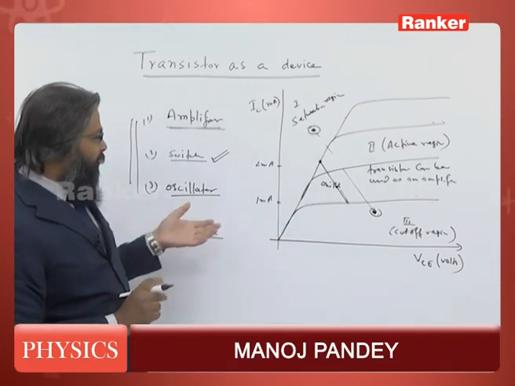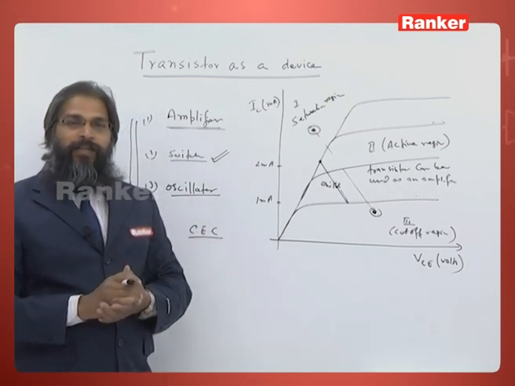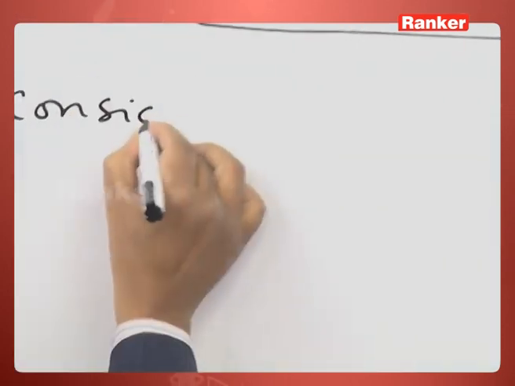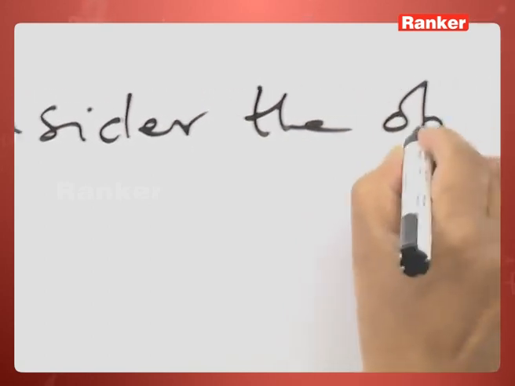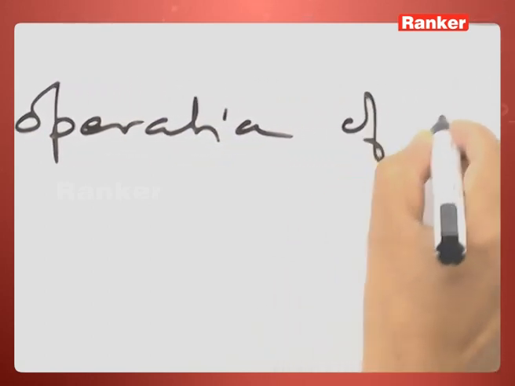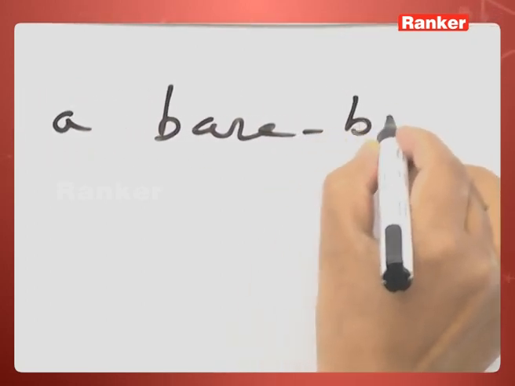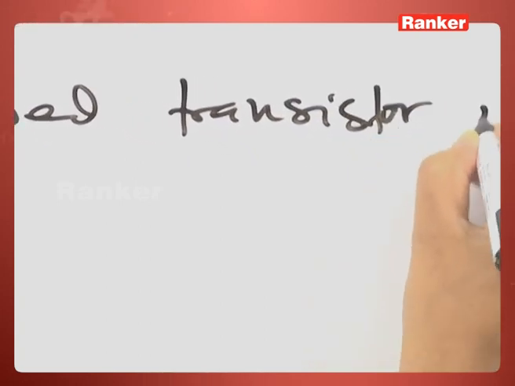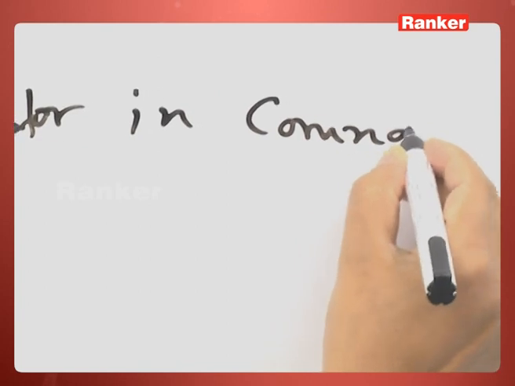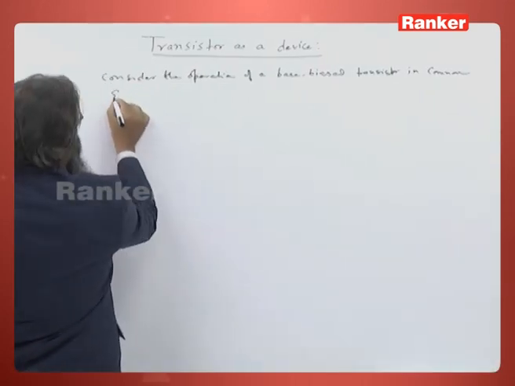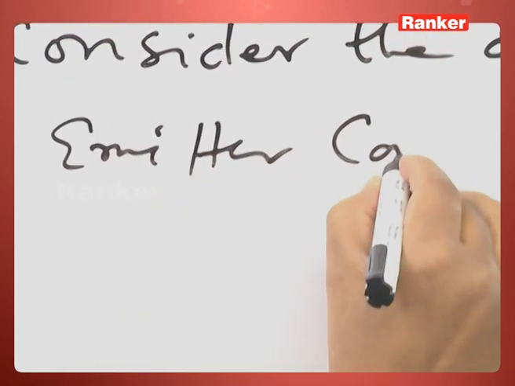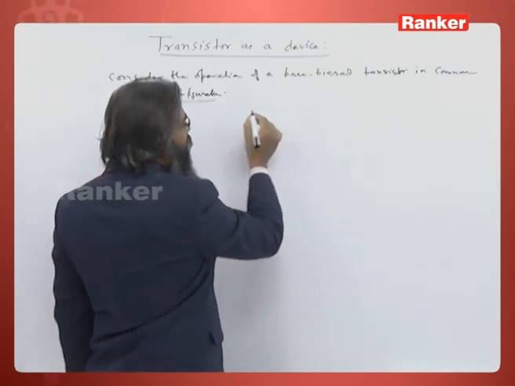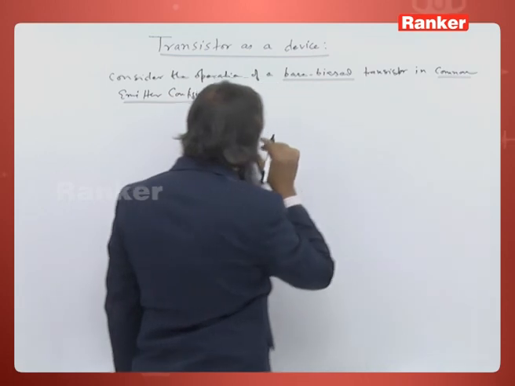Let us see this with a circuit diagram in common emitter mode. Now consider the operation of a base biased transistor in common emitter configuration. This is an important point: it is base biased and common emitter configuration.